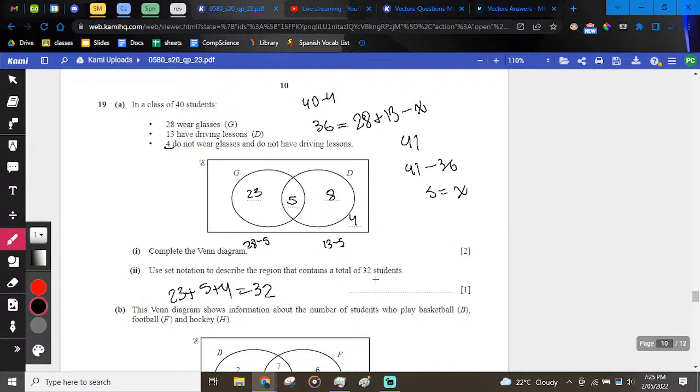How do we do that? Good question. I can write it as D, not D. Everything not D. How do I write only this?